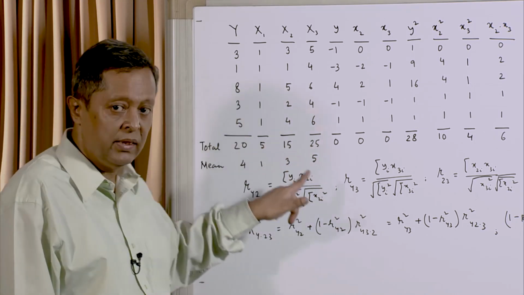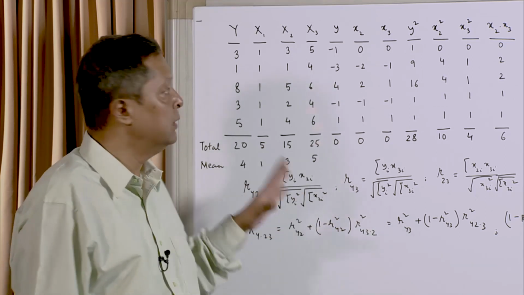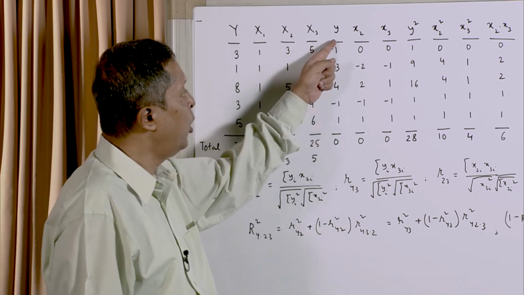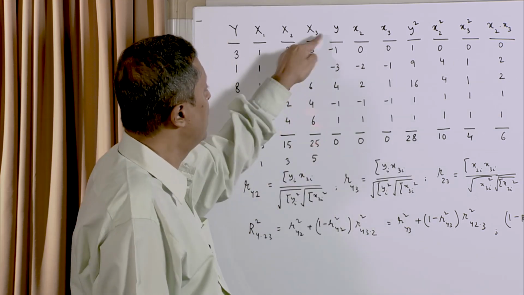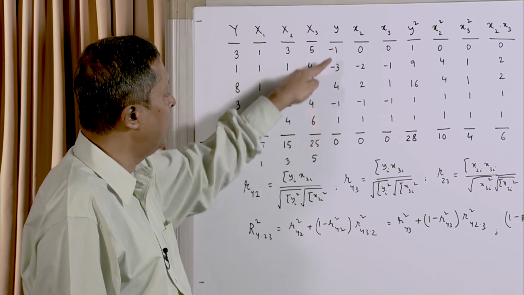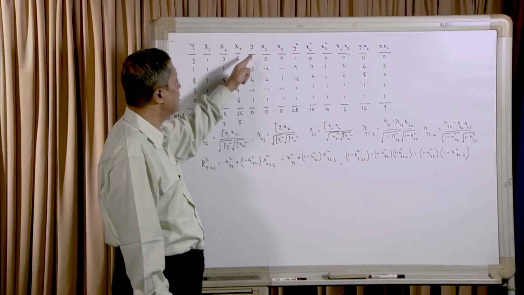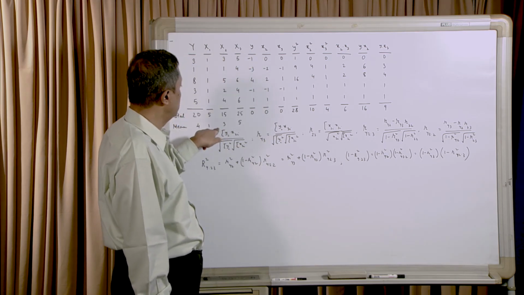Why we do this is, as you recall, it is easier to handle the regression in terms of deviation. So, these small letters are variables in deviation. From y we subtract the mean to obtain this column. Small y is y minus y bar. Similarly, small x2 is x2 minus x2 bar. x2 bar is 3.